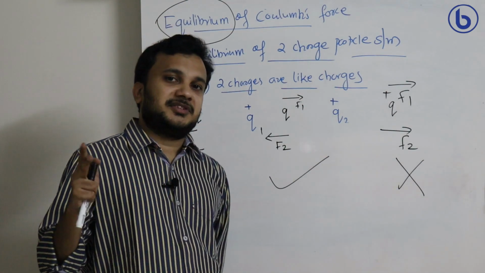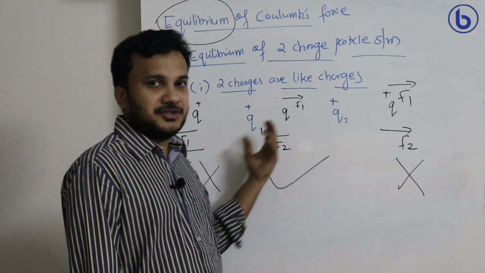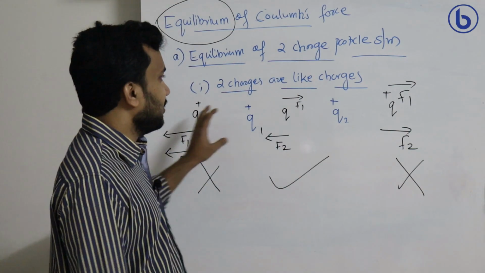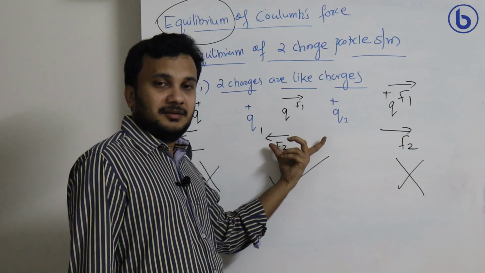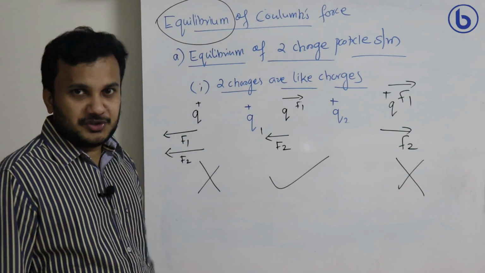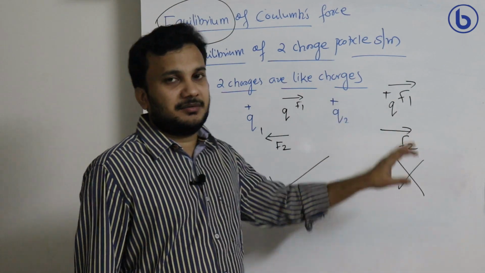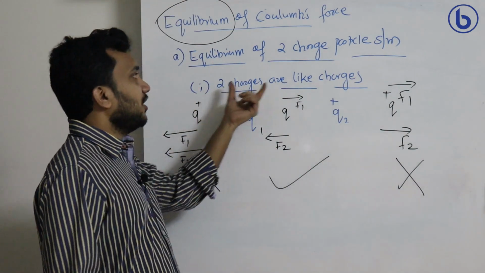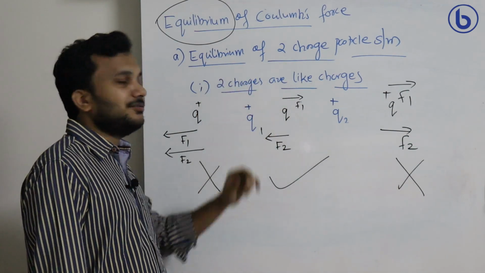Of course, there will be four options, A, B, C, D. Two of the options are matching, saying the third charge should be placed between the other two charges, and the other two options will be there: out of the four options, one option is given at the left side and one option at the right side. These two you can rule out if the two charges are like charges. So understand the question scenario, and based on that, filter the answer.